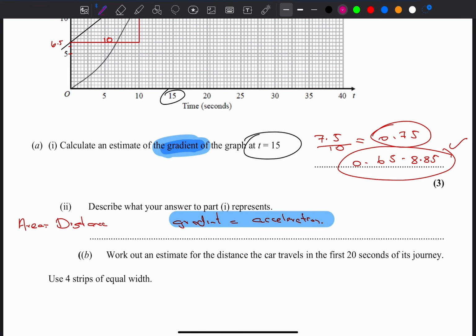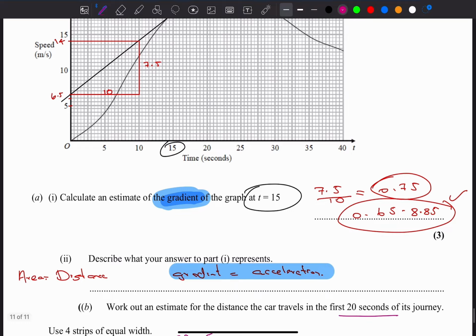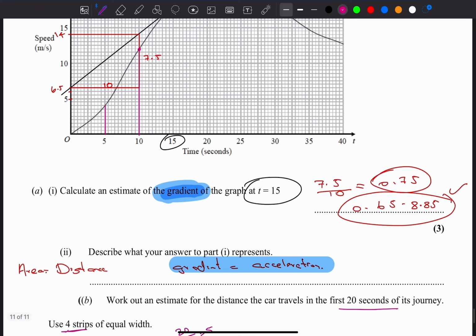If you look at it, 20 seconds. How many strips? 4. 20 divided by 4 is 5 seconds each.